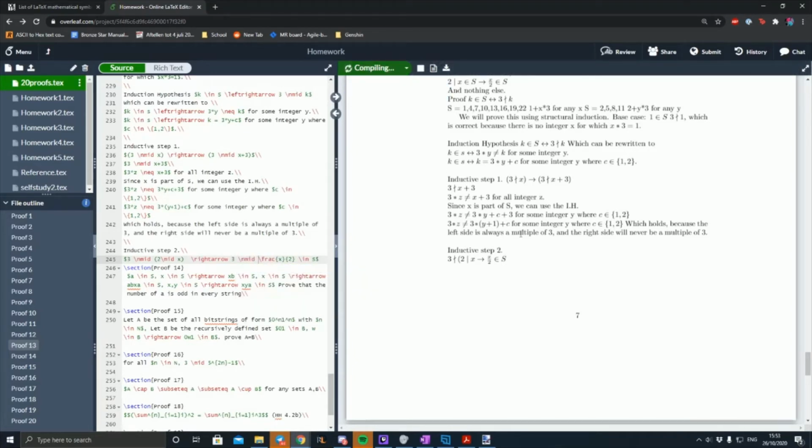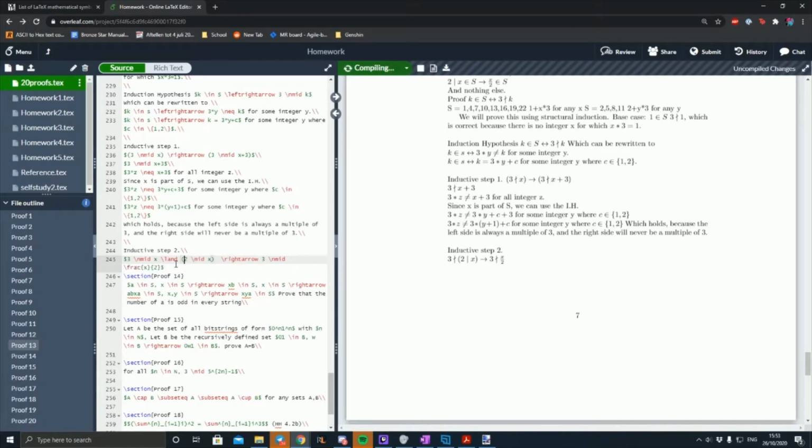Okay, I'm trying to see if I can get something out of my brain that makes sense. I think that you can write: if 3 doesn't divide x and 2 divides x, then 3 doesn't divide x divided by 2. Ah, yeah. Okay, if 3 doesn't divide x and 2 divides x, I'll add some brackets to add a little bit of clarity there.